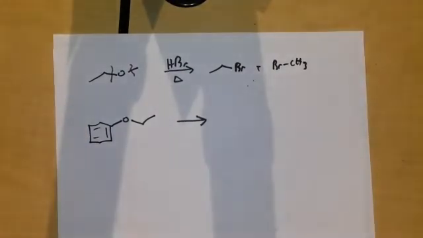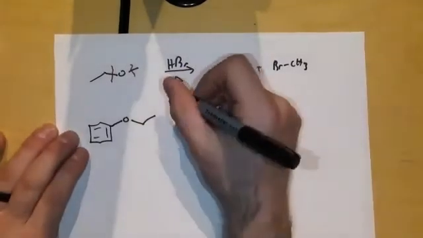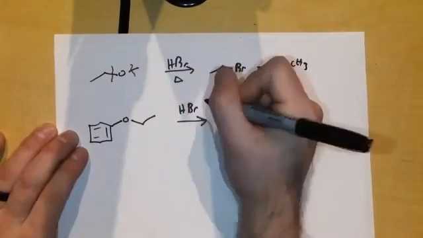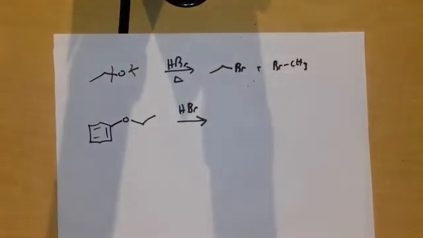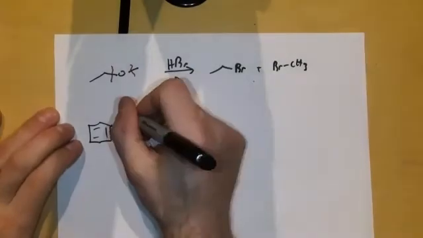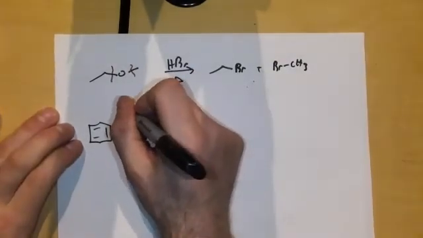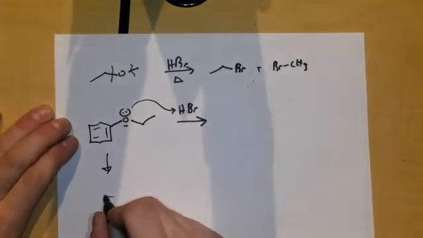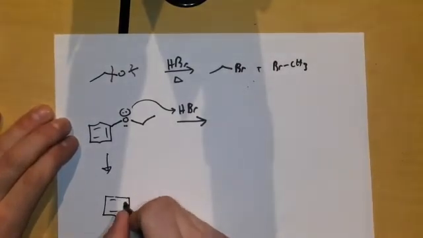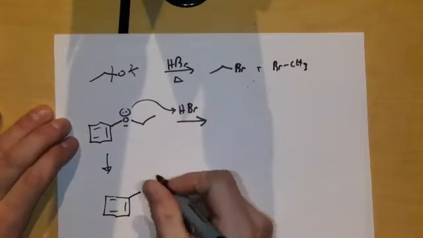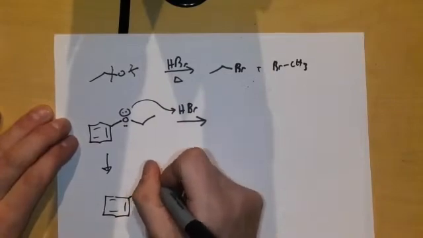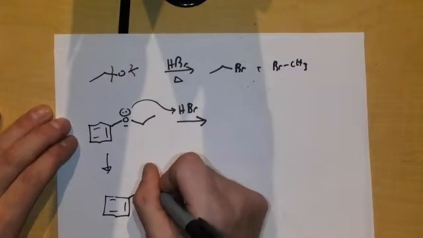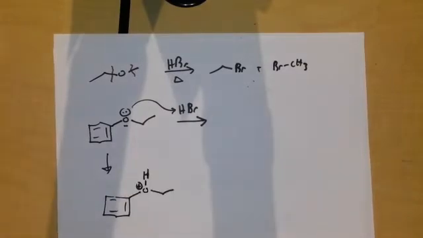When we take an aromatic compound and throw in HBr, it'll do a pretty similar reaction, but it'll grab this H. You can't do an SN2 on an aromatic ring.